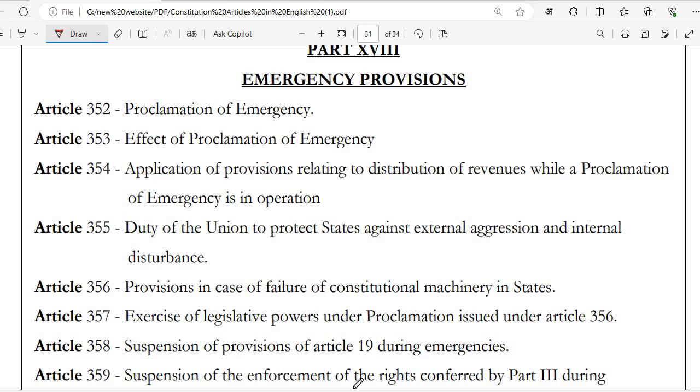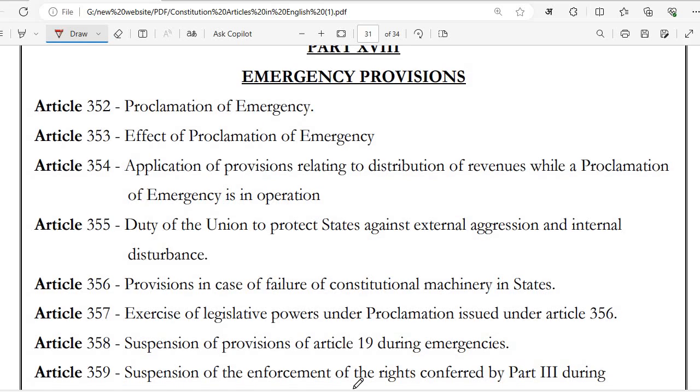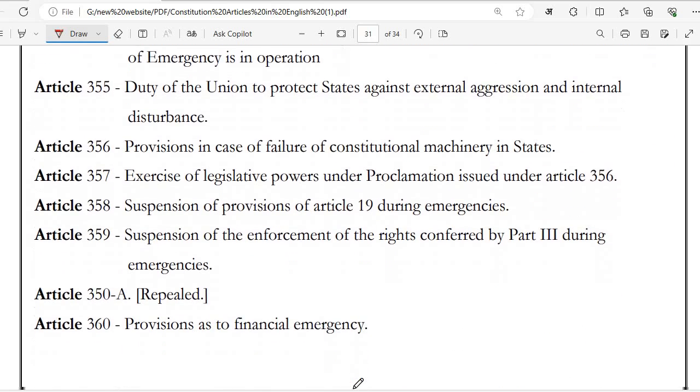It has been declared only 3 times: 1962 during the Indo-China War, 1971 Indo-Pakistan War, and 1975 on internal disturbances by the Indira Gandhi government. Okay, and these are the effects of emergencies, the conceptual part.